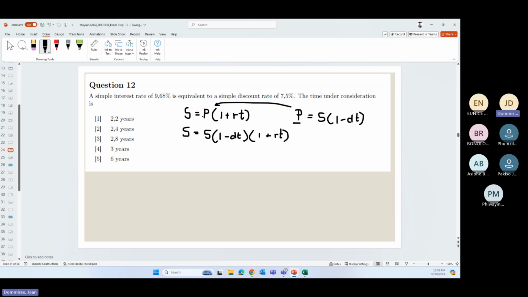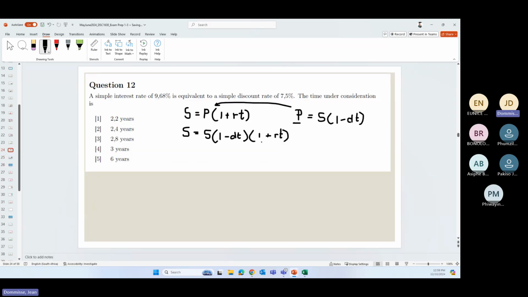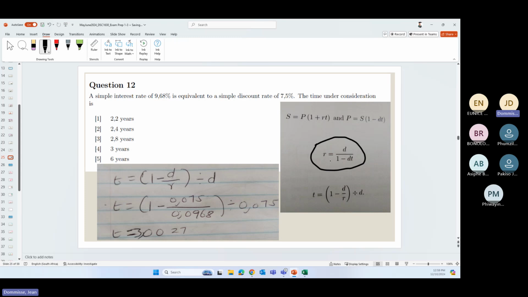S is equal to P(1 + rT). To get from this stage to there takes you 12 steps, which is actually ridiculous. So it is in your study guide.